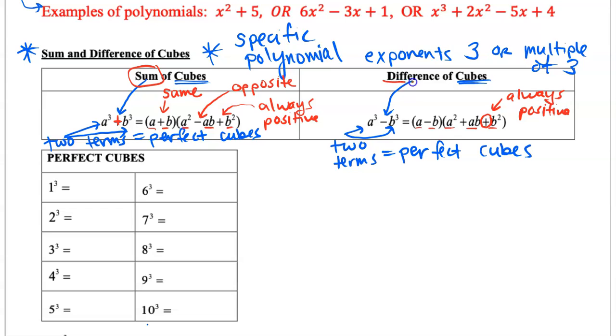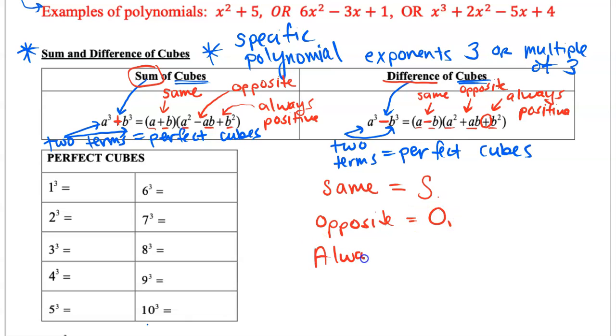Notice again with the difference, it started as a subtraction, so then the first factor with a and b has a subtraction, so that's the same sign as the original expression. And then the middle term changed to a plus, so that one was the opposite sign. So when you look at these signs, we have the same sign, so I'm going to use S, the opposite sign, I'm going to use O, and then always positive.